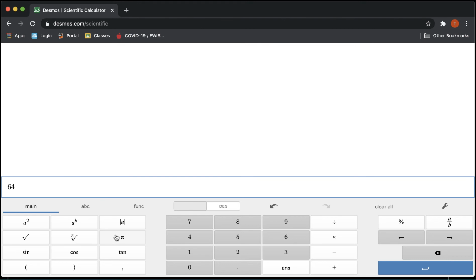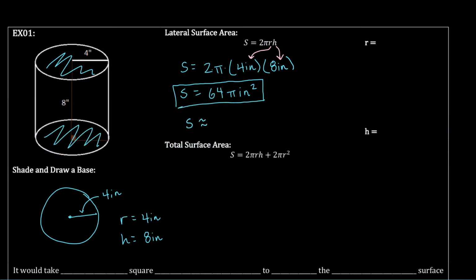You can also just type in pi. I'm just going to press enter. Approximately 201.06. So approximately 201.06 inches squared. Oh, look, I actually put spots for it. I don't know why I didn't notice this. So 4 inches. And this is 8 inches.